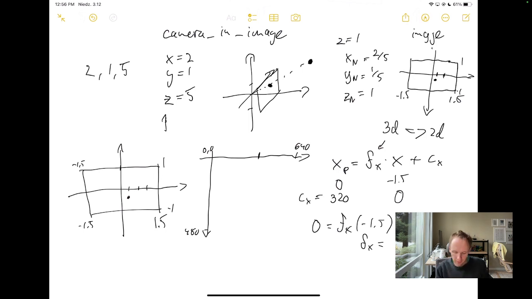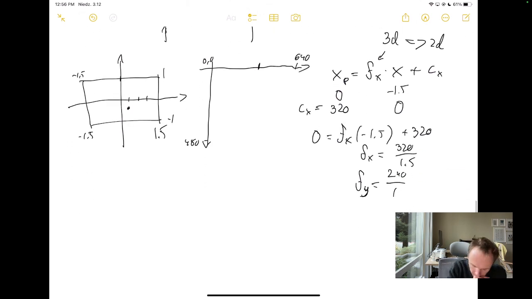And then in the same way we could figure out f of y. Half of 480 is 240, and then over 1. So here's our f of y, right? Nice. So basically we can write this like this.